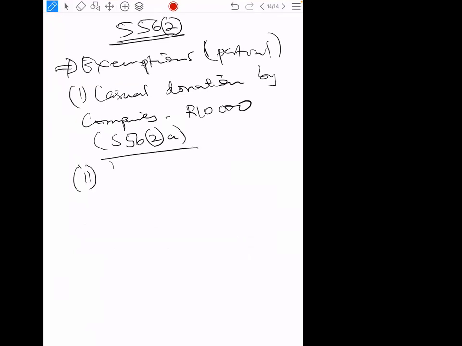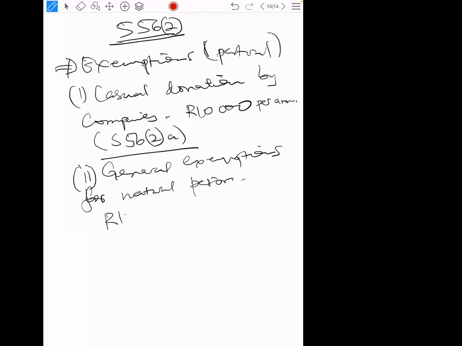Two, general exemptions that apply to natural persons, which is an amount of, this is per annum, right? Per annum. Here also, it's an amount of 100,000 per annum.